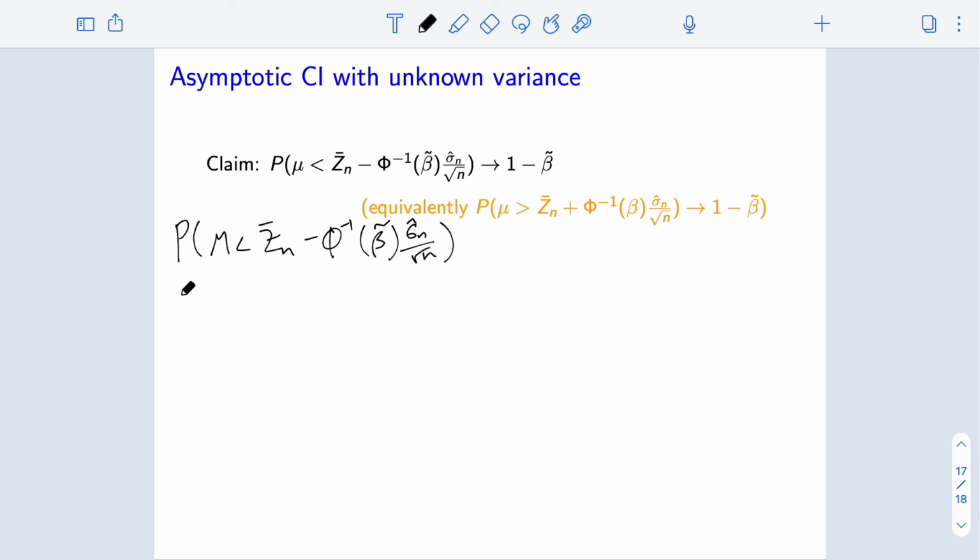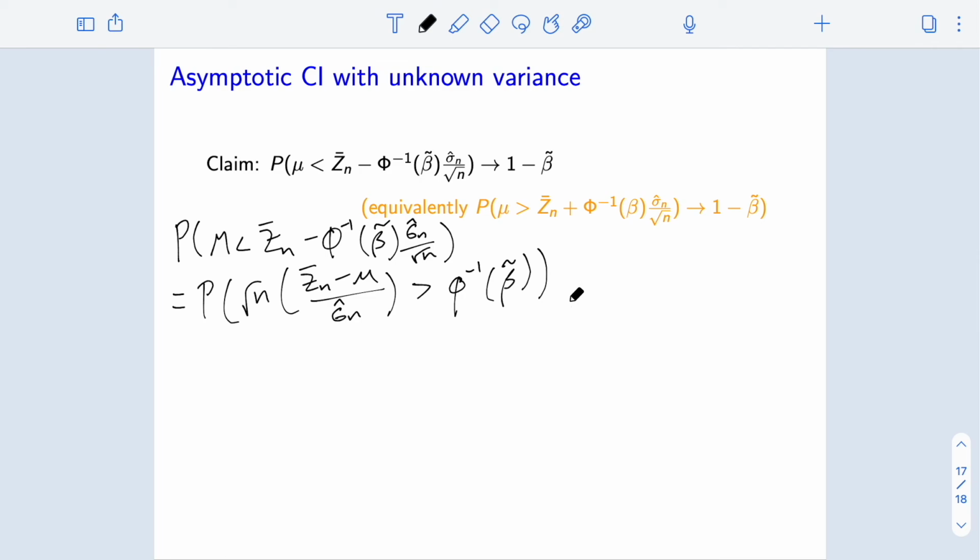A little bit of algebra here actually shows us that this is precisely equal to the probability that square root n times Zn bar minus mu over sigma hat n is greater than phi inverse beta tilde. And again, this was just a little bit of algebra.